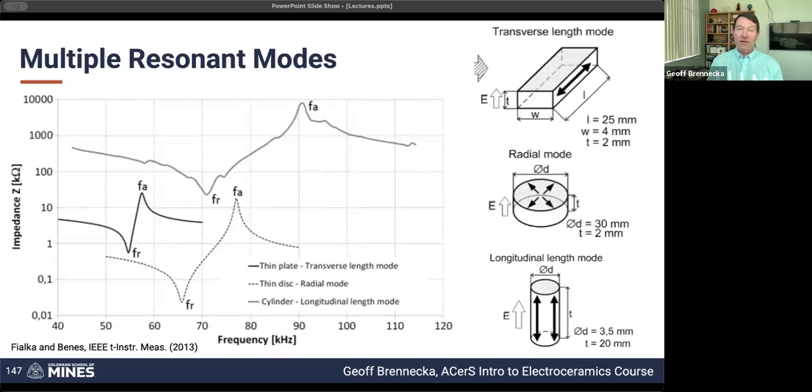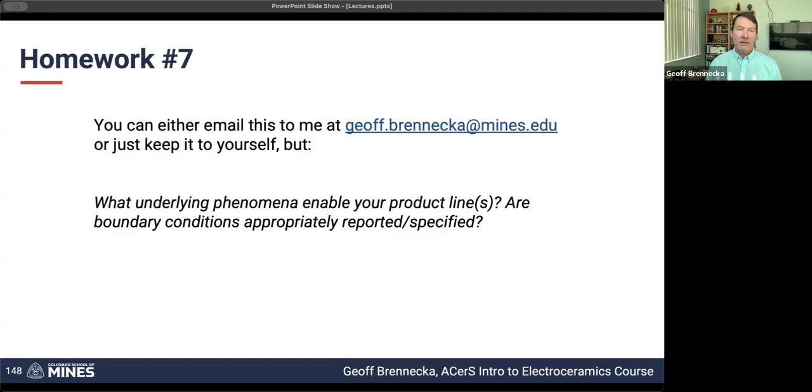So that's what's happening at this resonant mode, is that above that frequency, it can't vibrate in that mode anymore, because you've gone past its natural frequency. All right, so hopefully that explains why we care about the Heckmann diagram, why we care about impedance measurements to get electromechanical piezoelectric response. And now we can move on to learning more about other materials.